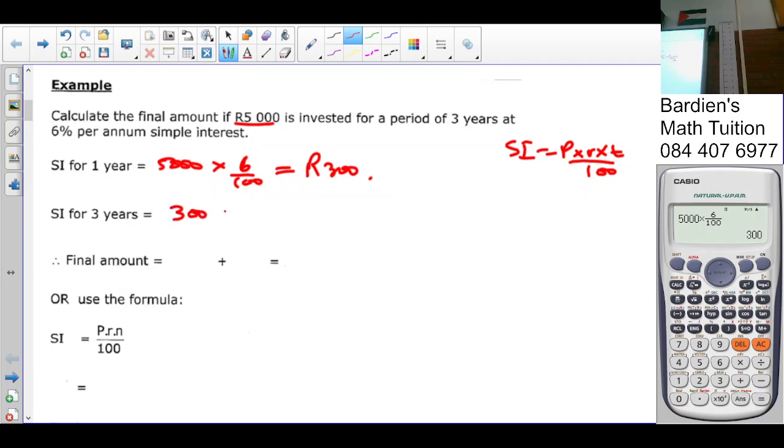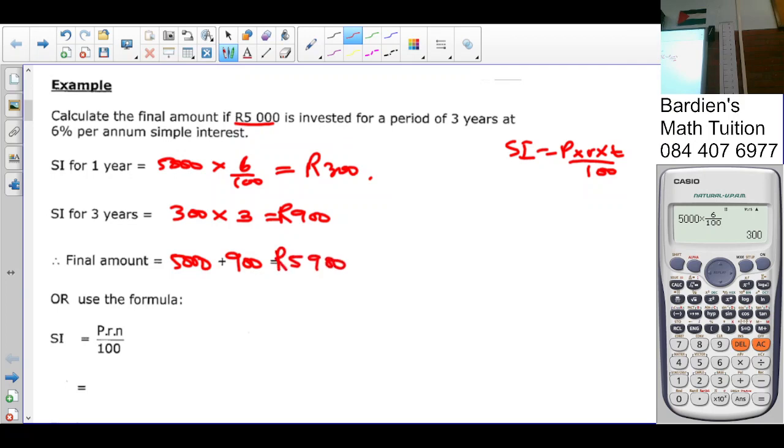So it will be 300 times 3, which gives you an answer of 900 rand. Okay? So the final amount is going to be your principal amount plus your interest. Can you see that, people? Which then gives you an answer of 5,900.